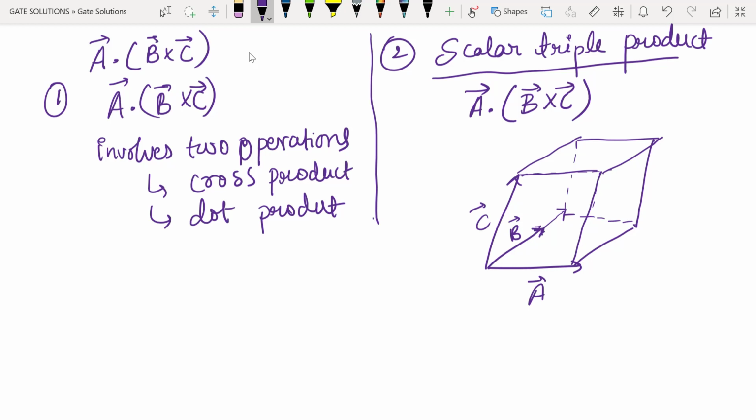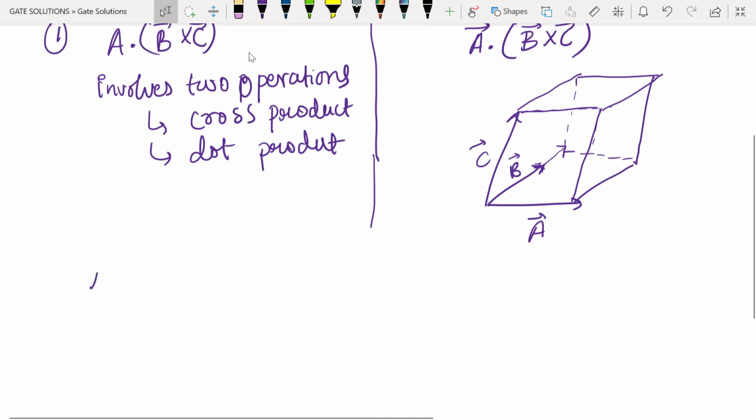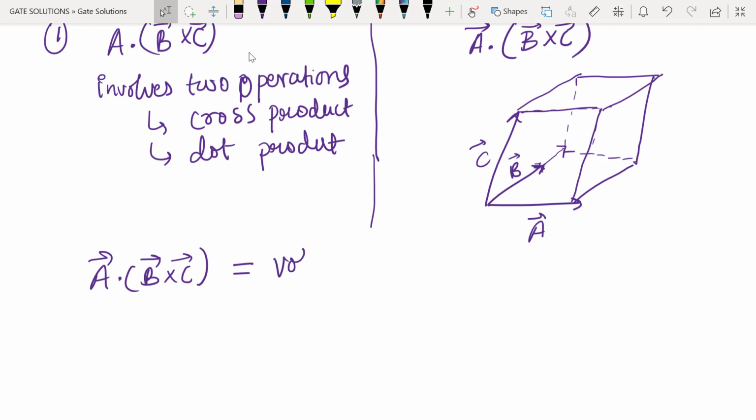So we are getting this kind of shape. So basically A vector dot B cross C vector represents the volume of the parallelepiped.